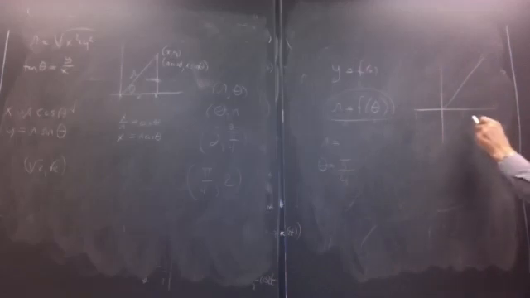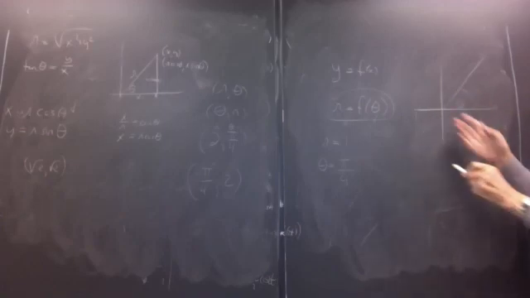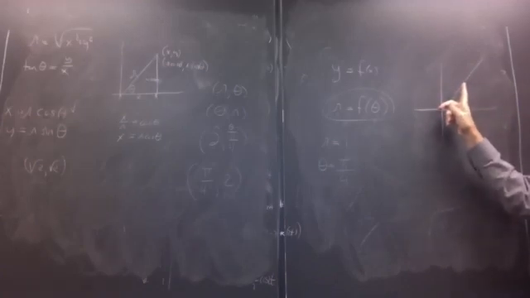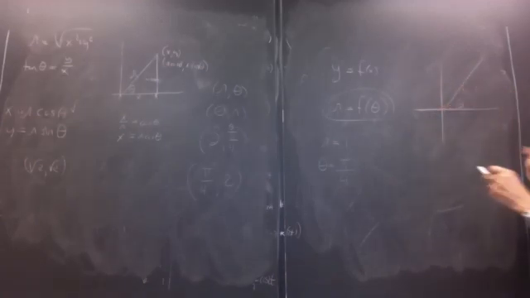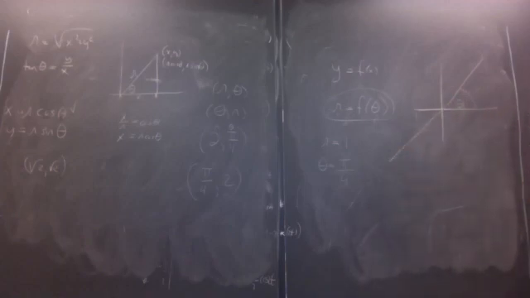If the angle is this, I don't get this down here, because how do I get down there if I only go positive from the origin? If I allow r to be negative, then I get the whole line. And depending on the circumstances, we have to decide which one we're in.